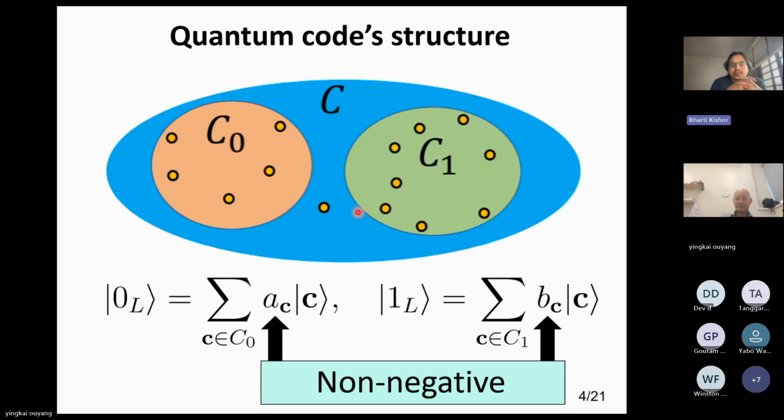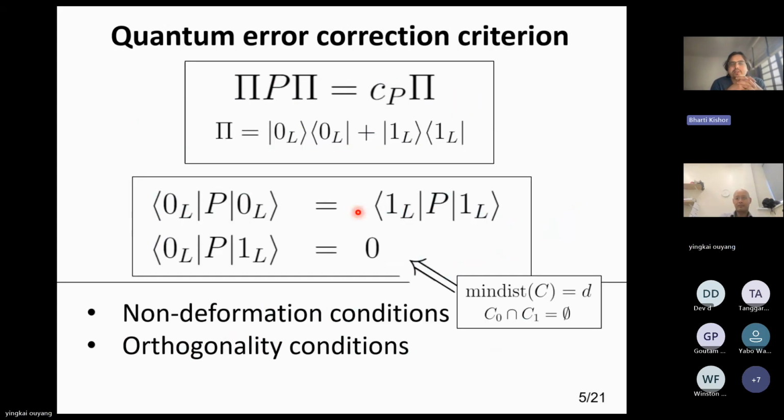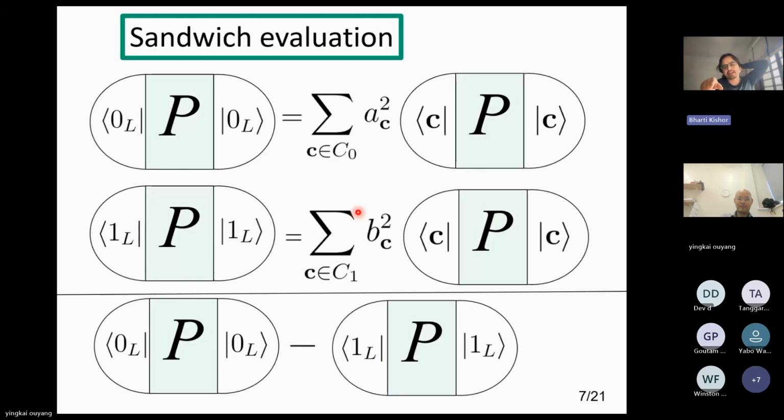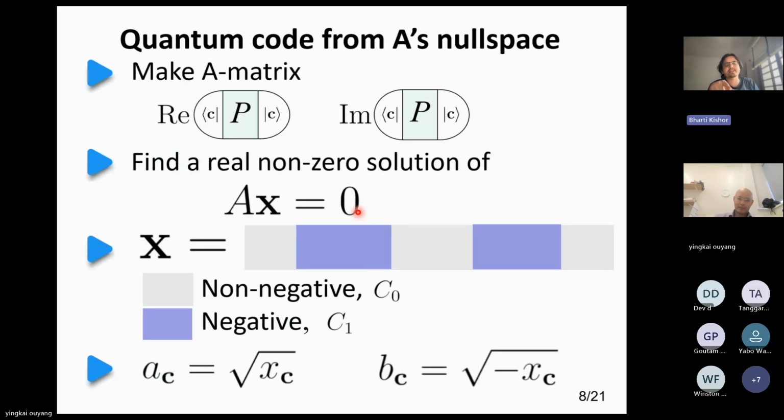code word, it needs to satisfy the Knill-Laflamme conditions. Exactly. And then you are basically trying to write the Knill-Laflamme condition in terms of this a and b, like the coefficients that you had. Yeah. And you're saying that when you write it, it basically corresponds to solving a system of linear equations. Exactly. Okay.